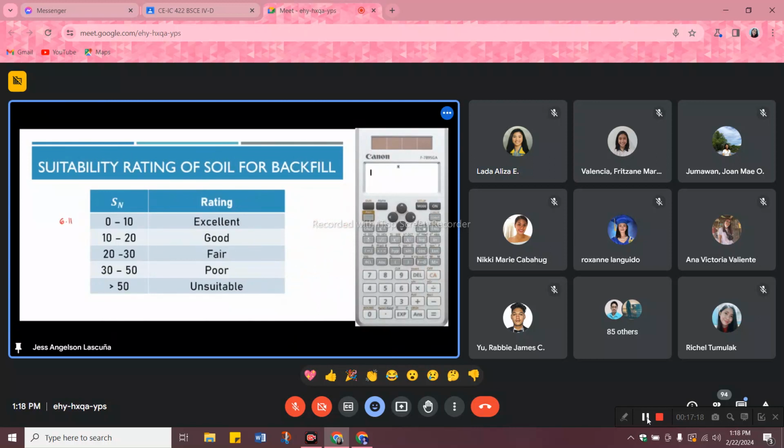Another one, stability rating. It is a standardized rating of soil for backfilling.